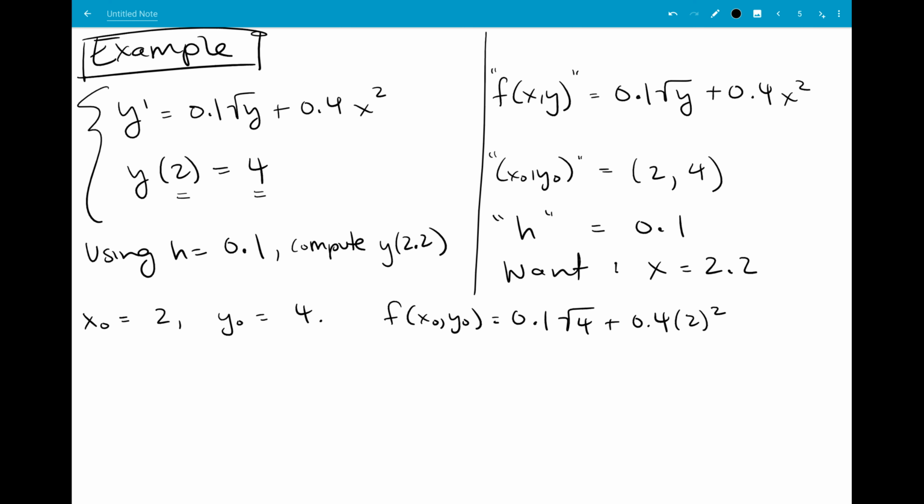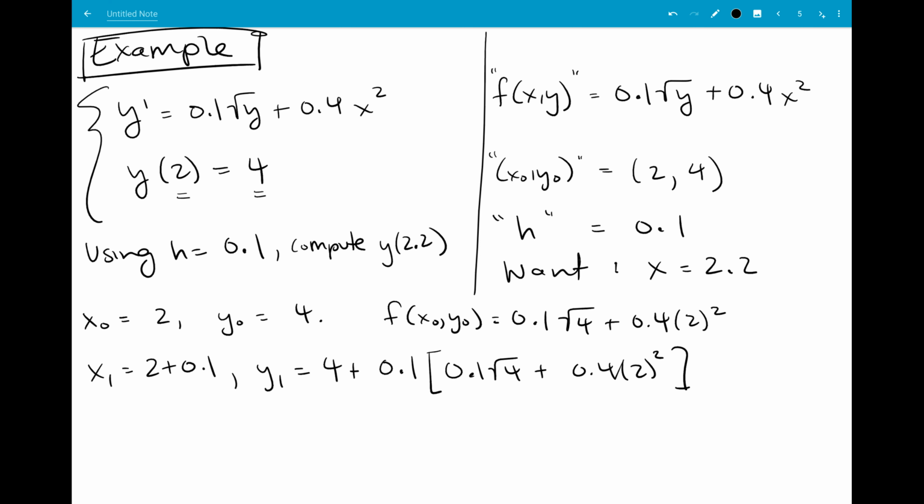So my next step was x1 is equal to 2 plus 0.1, and y1 is equal to 4 plus 0.1 times that whole thing right there, 0.1 square root of 4 plus 0.4 times 2 squared. And that is 4.18.